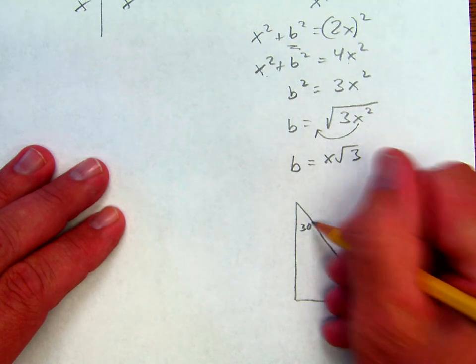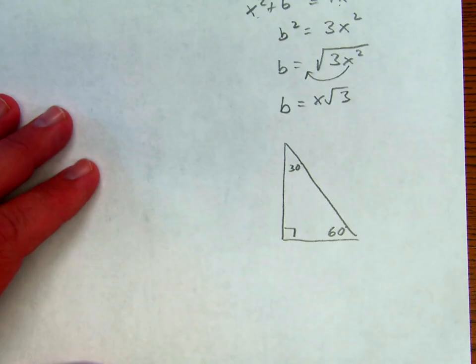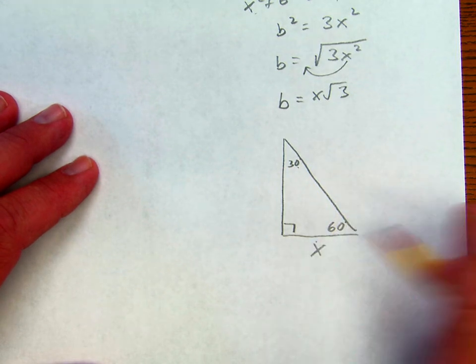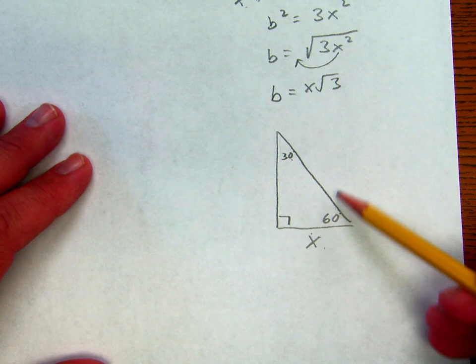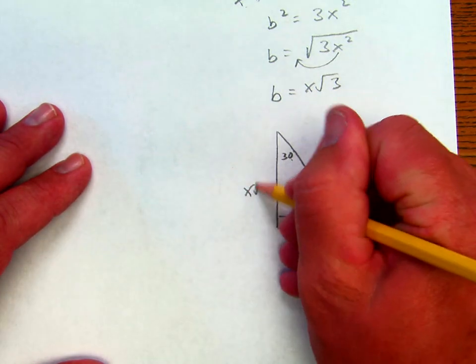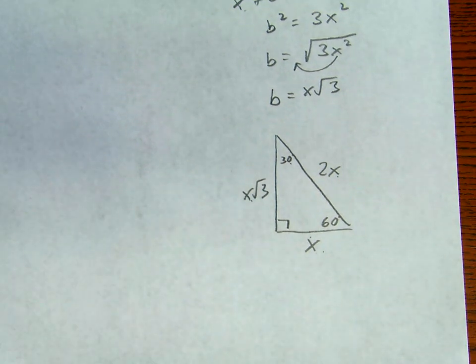The nice one, in terms of the easiest work to be done, is if you know the shortest side, which is the side across from the 30, that's what our x is. Whatever that is, you're doubling it to get the hypotenuse. Whatever that is, you're multiplying it by root 3 to get the middle side, which is across from the middle angle, which is the 60 degrees.